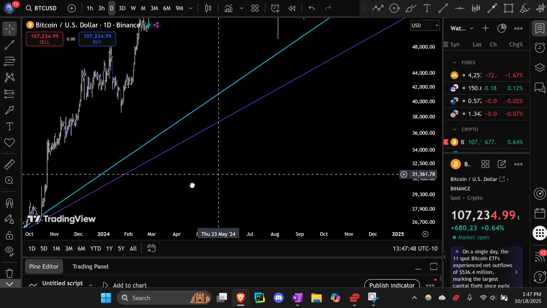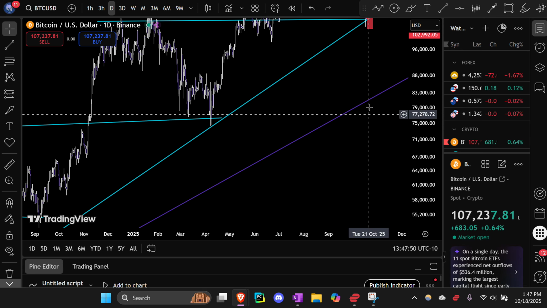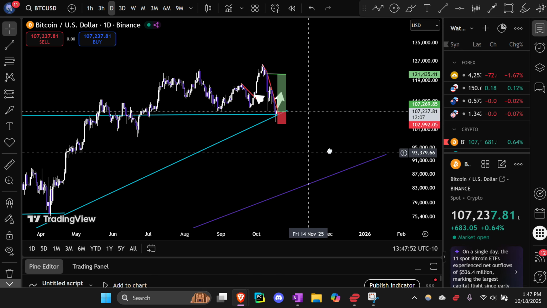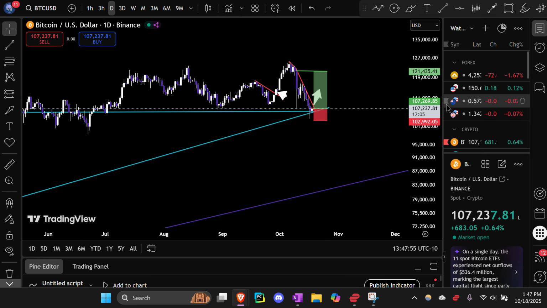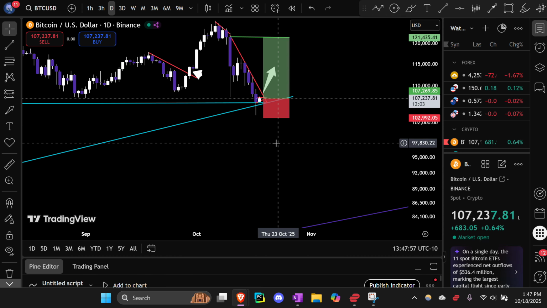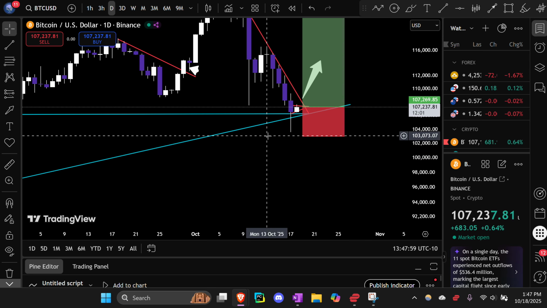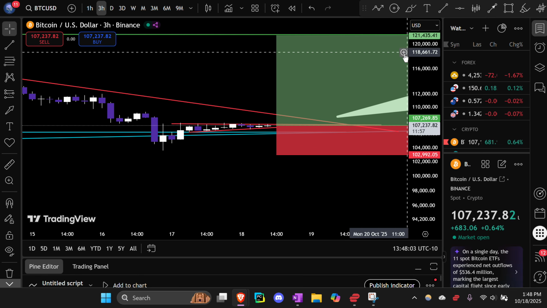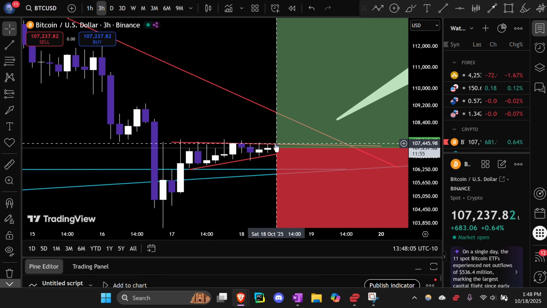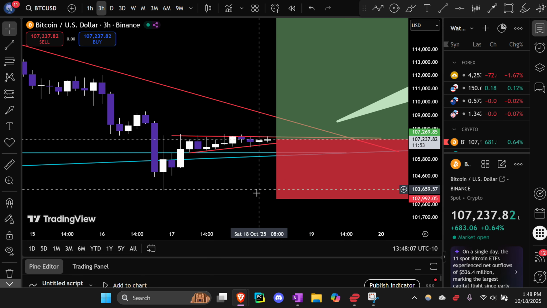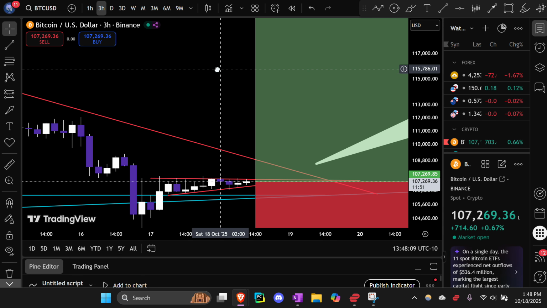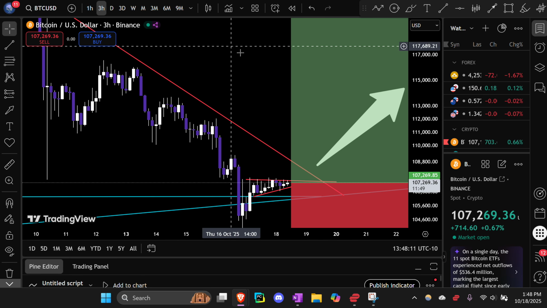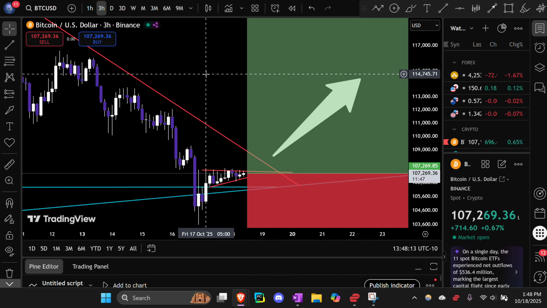See, price is repeating this pattern. So the most logical approach would be, well, I think price is going to go up. So you play the trend, the trend is your friend, and you say, I'm going to get in here where this price is squeezing. I'm going to have my stop loss down here and my take profit up here, and boom. That's one way of approaching it.